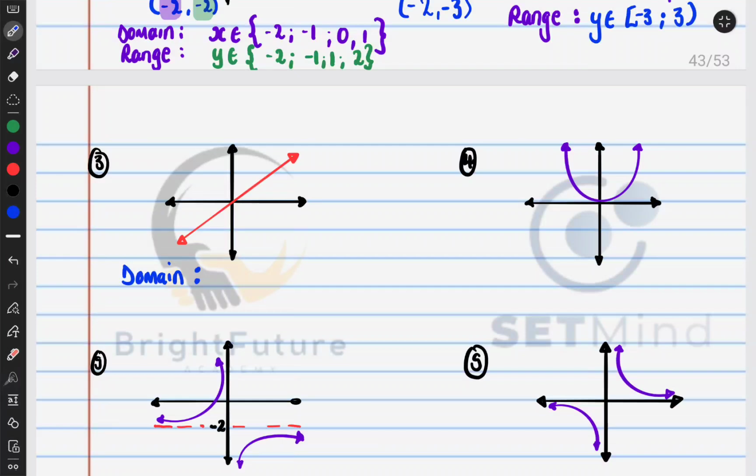So the domain for this one, x is the element of from -infinity. Another important thing when dealing with the domain and range is that we always start with the small value and end with the big value. So we go from -infinity to +infinity because the function exists for all the x values.